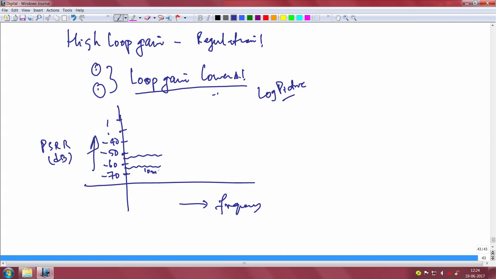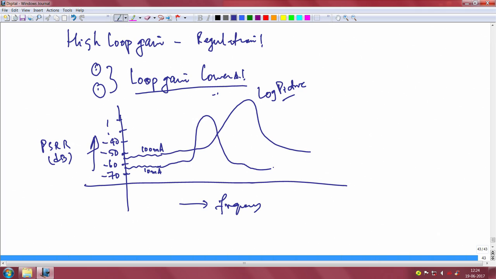This is at low load and this is typically at higher load, okay. Then you can draw something like this and then something like this. Please note this is a log, I did not elaborate, but I want to bring out a very important point here. The point is the loop gain plays a critical role.